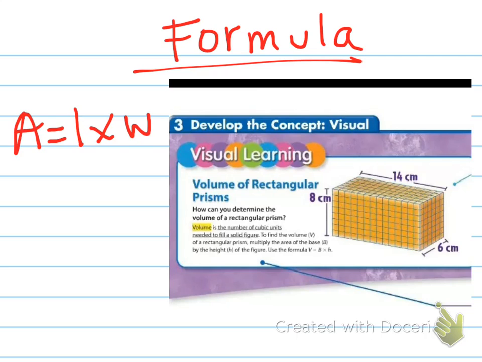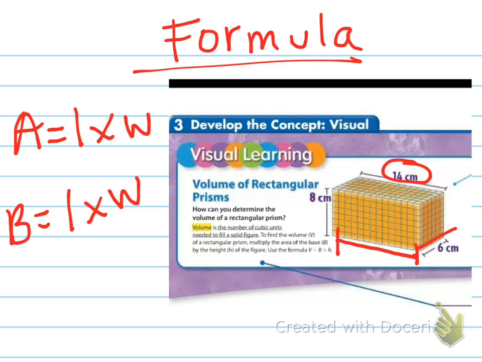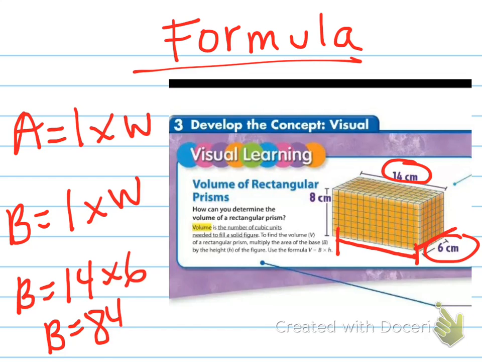So here's the formula. Base equals length times width. And the base we're talking about is this area here, the 14, times this here, the 6. So base equals 14 times 6, and we get the base equals 84 square centimeters.